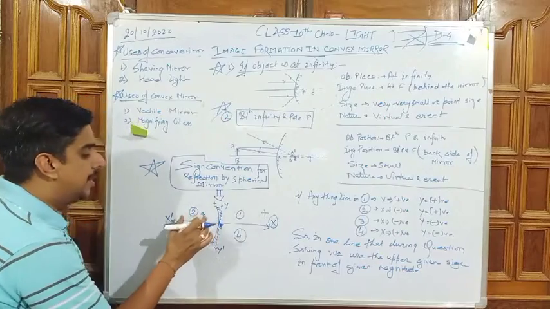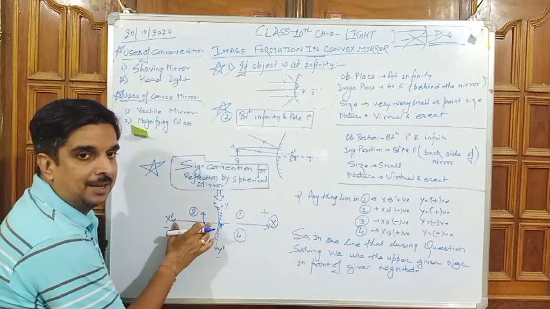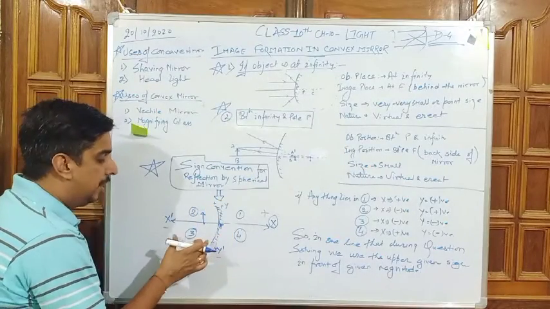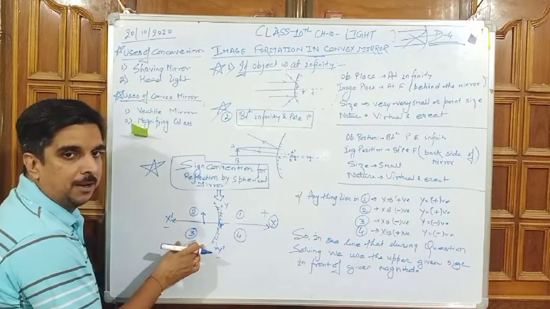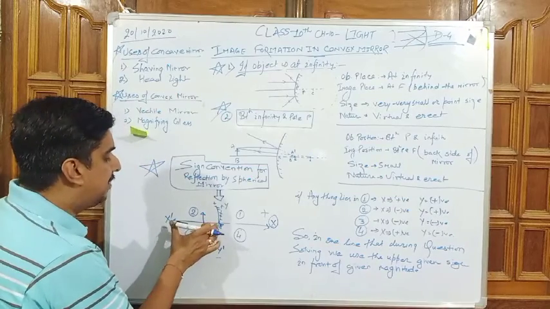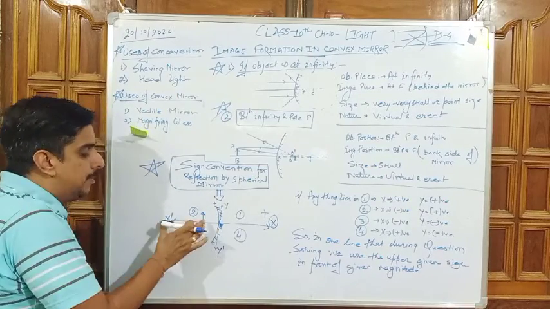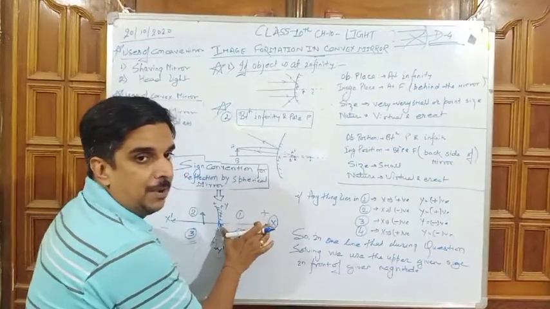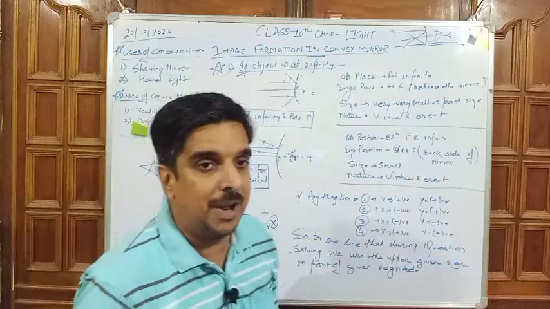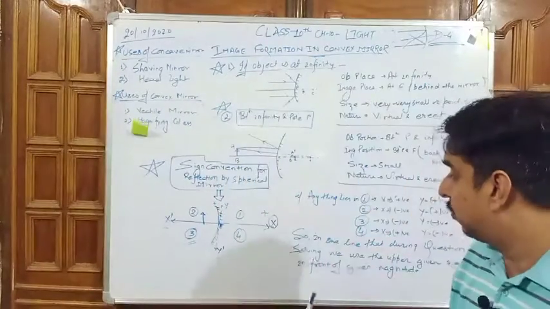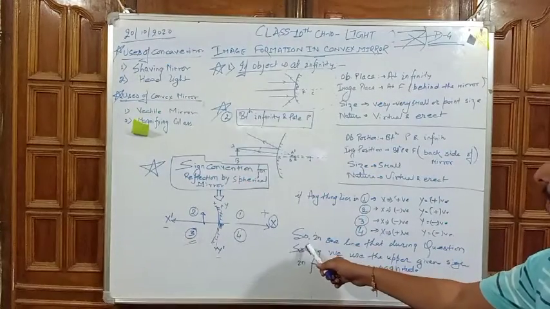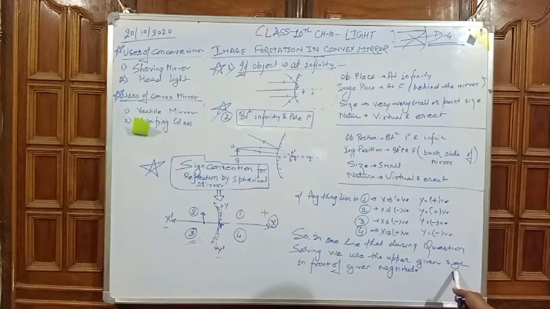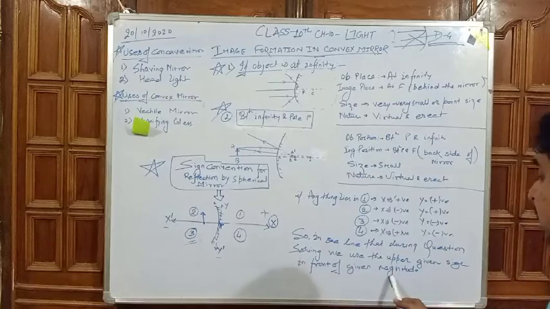In the second coordinate, x is negative and y is positive. In the third coordinate, x is negative and y is negative, and in the fourth, x is positive and y is negative. So here I wrote it clearly in one line that during question solving we use the above given sign in front of the given magnitude.